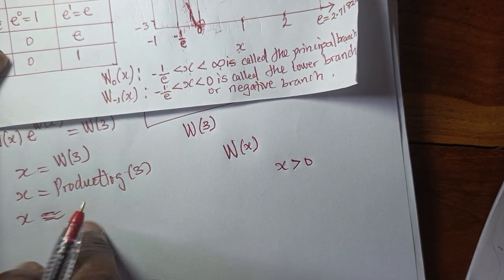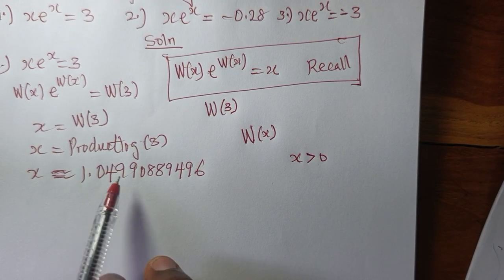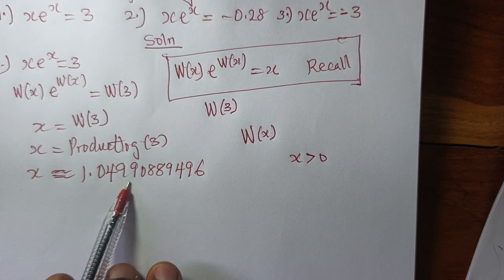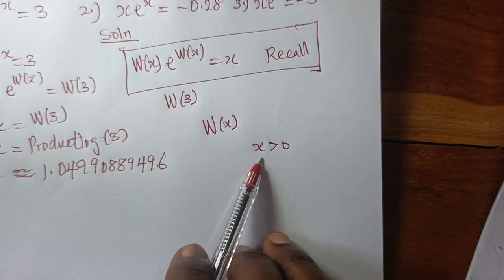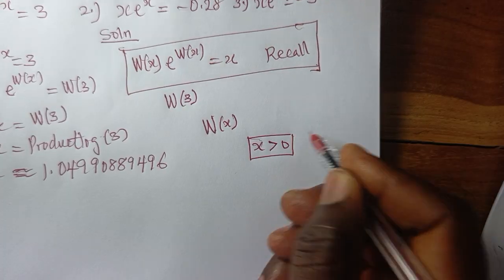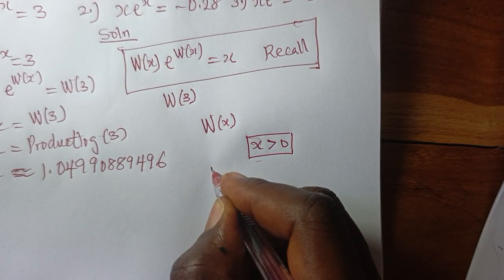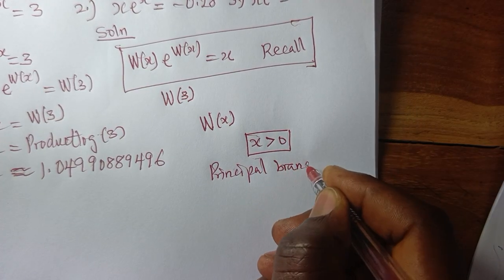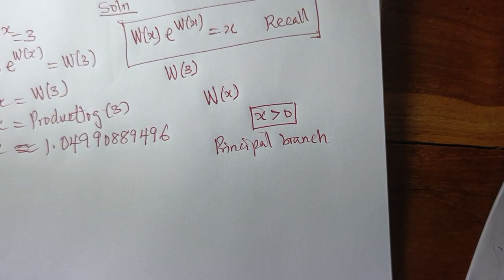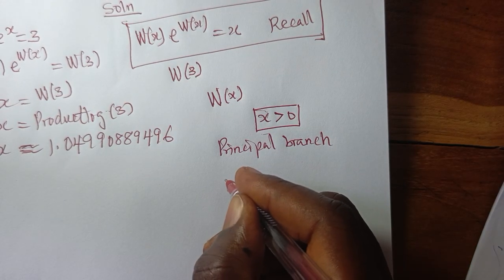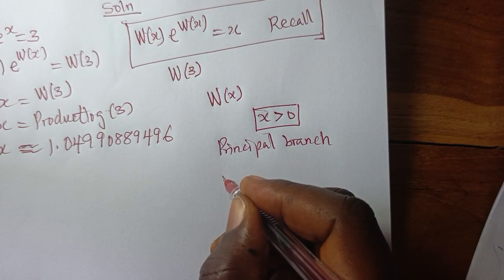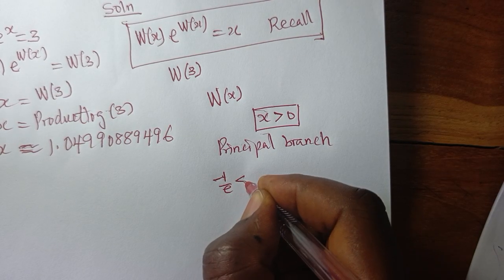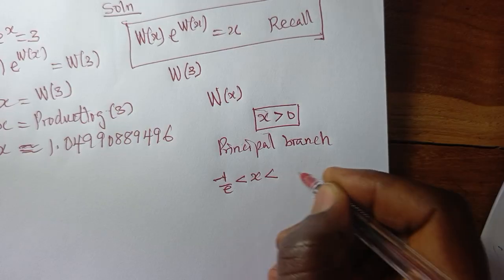Now, for x greater than 0, this will be on the principal branch, which is in the range of minus 1 over e less than x less than infinity.